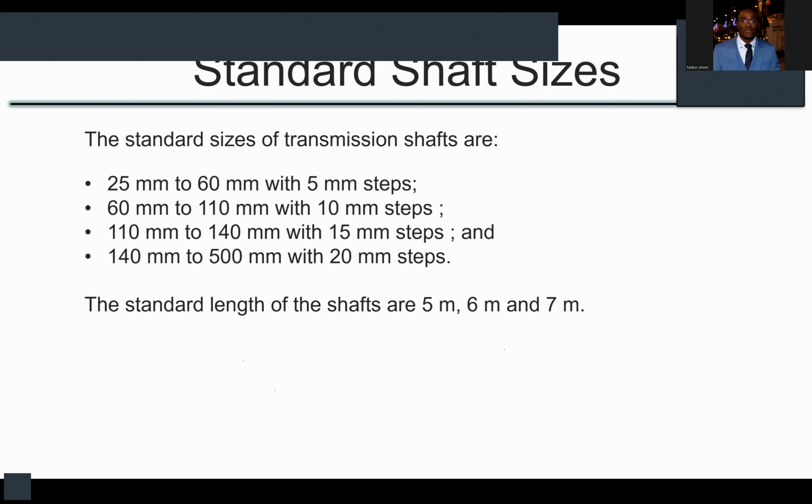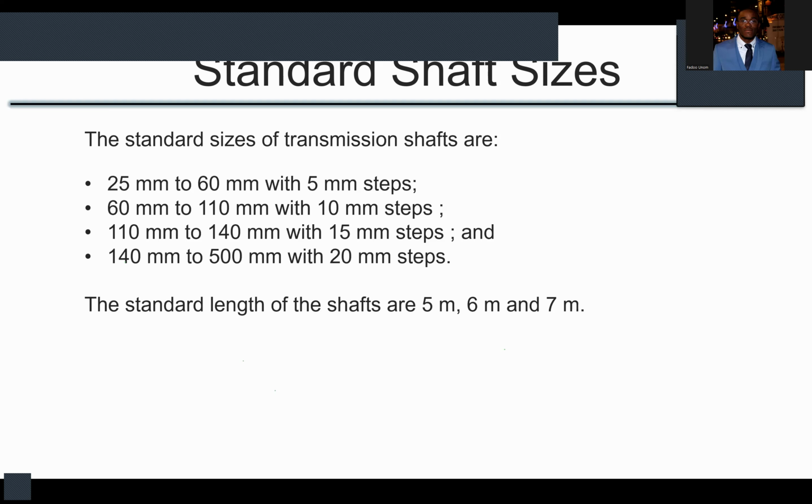From 25 to 60 millimeters, standard shaft sizes increase in 5 millimeter steps. So you find 25, 30, 35 millimeter diameter. Are you following the increment? 40, 45, 50, 55, and 60.